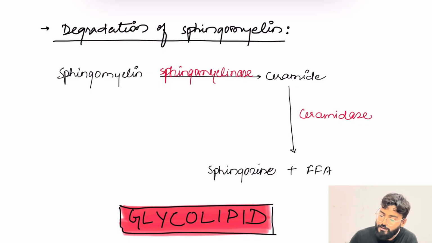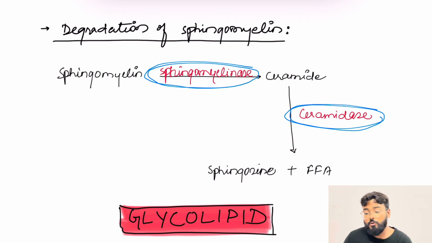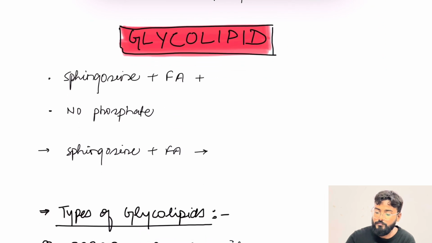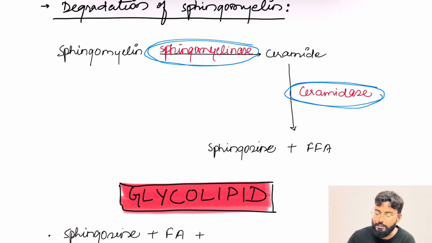The deficiency of each of these enzymes is going to contribute to development of certain diseases that we will see further. But you need to remember that sphingomyelin is broken down to ceramide with the help of sphingomyelinase, and ceramide is broken down to sphingosine and free fatty acid through ceramidase. It's easy to remember because it is based on the name of their substrate.